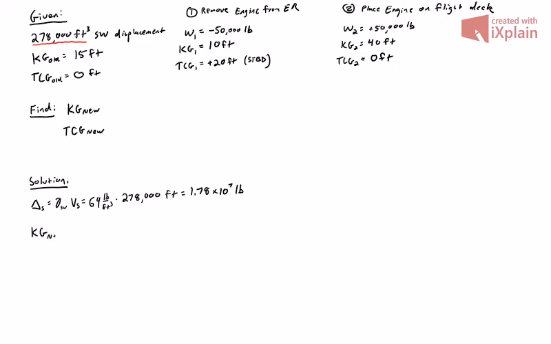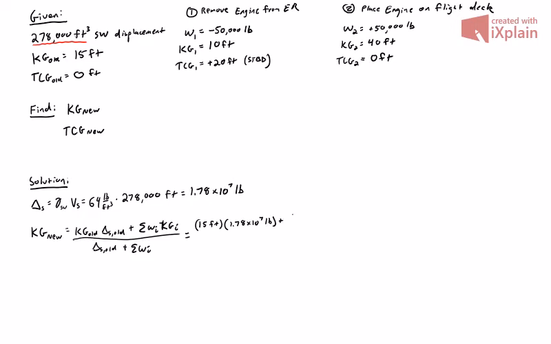So our new vertical center of gravity is equal to our old vertical center of gravity times our old displacement plus the sum of all of our weight changes times their positions, all divided by the old displacement plus the sum of all the weight changes. So we can go ahead and just start plugging everything in. Our old vertical center of gravity was 15 feet. Our old displacement, 1.78 times 10 to the 7th pounds. And then we do our weight changes.